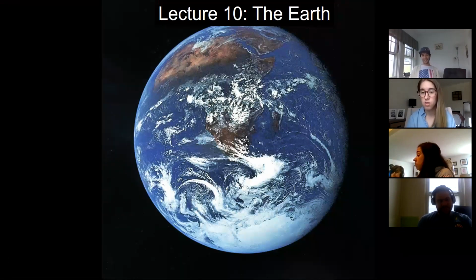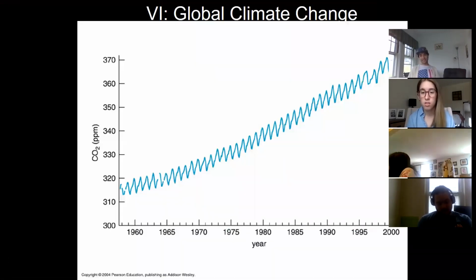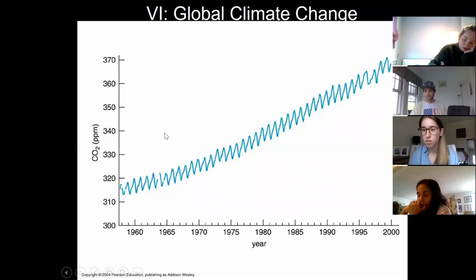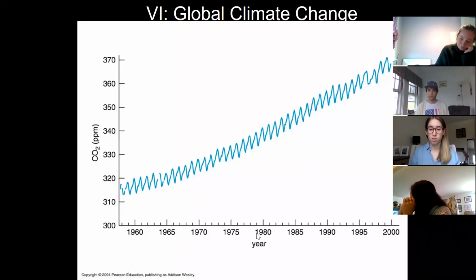Now, the reason I'm telling you that story about Kona coffee is not only to promote good coffee habits among my students, but also to tell you about this slide here. This slide is a measurement of carbon dioxide levels on the island of Mauna Kea taken at the Keck Observatory from the year 1960 to 2000. And you'll see that CO2 has a pretty low abundance in our atmosphere.